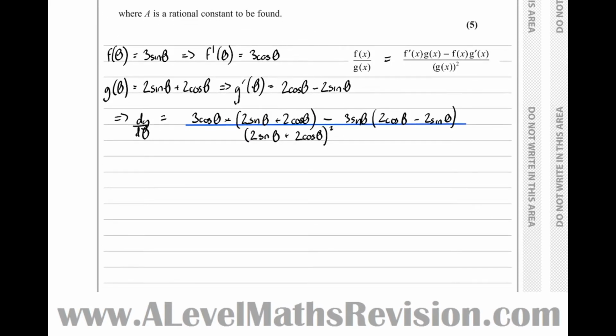So the top equals, let's multiply out the bracket.